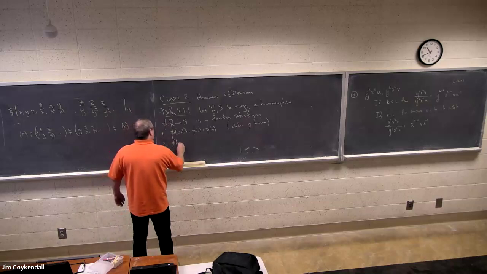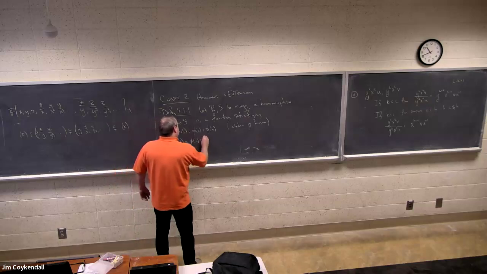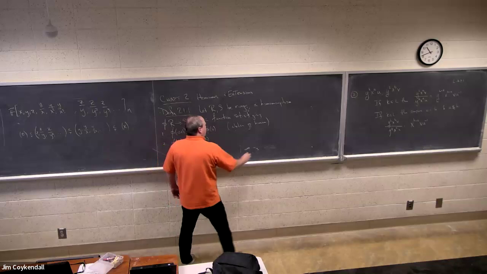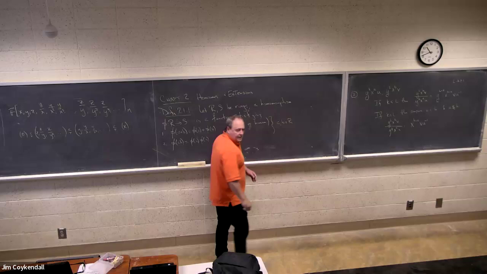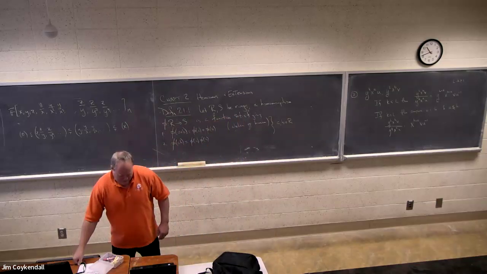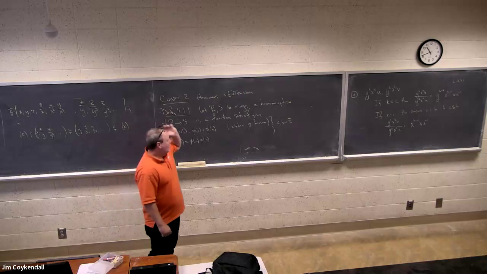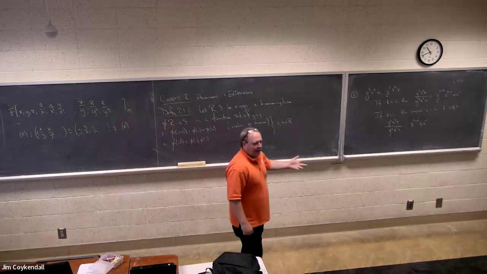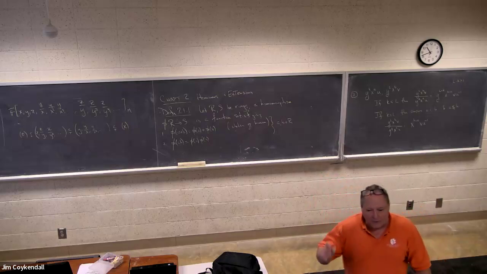And two, phi of AB is phi of A times phi of B. And here, of course, A and B are elements of the ring R. Just like in group theory or a beginning algebra class, there's a number of adjectives that I might attach to this, right?